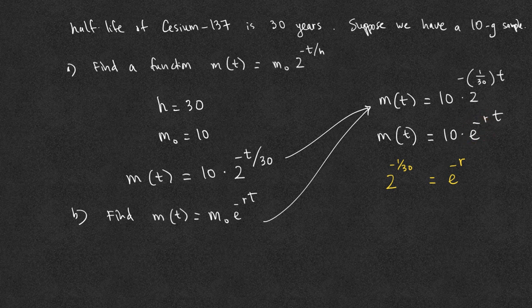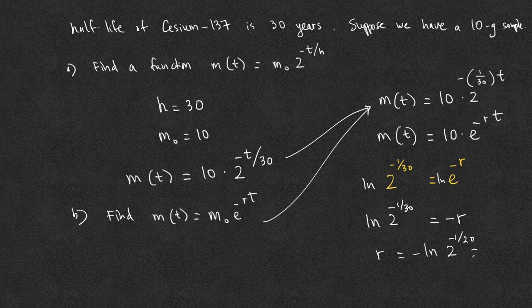The goal is to find r because for this equation, we need to find the parameter m sub 0, which we know is the initial value 10, but we also need to find r. We then ln both sides of the equation to get ln of 2 to the negative 1 over 30 equals negative r. And so r is negative ln of 2 to the negative 1 over 30.